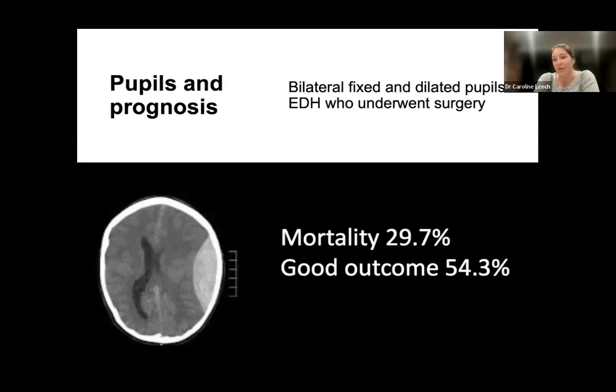In this series of patients who underwent decompressive surgery, yes, 1 in 3 of them died, but of those that survived, half of them had a very good neurological outcome. So when we see patients with bilateral fixed dilated pupils, if we can decompress them quickly, normally with a craniectomy by neurosurgery, then they can actually do okay.